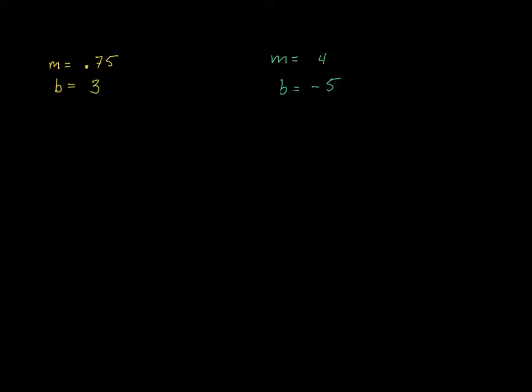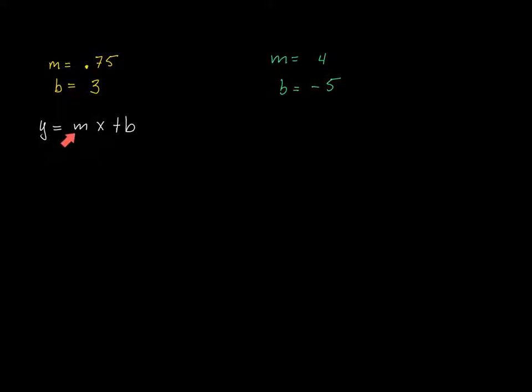Right, so let's see how to put it into an equation when they give you the slope and the y-intercept. So the first thing that you need to do is write your formula. Y equals mx plus b. And the next thing that you're going to do is just substitute. So we know that m equals 0.75.